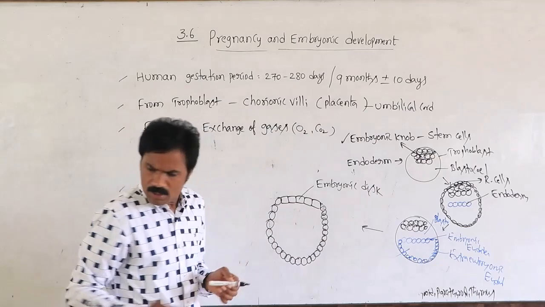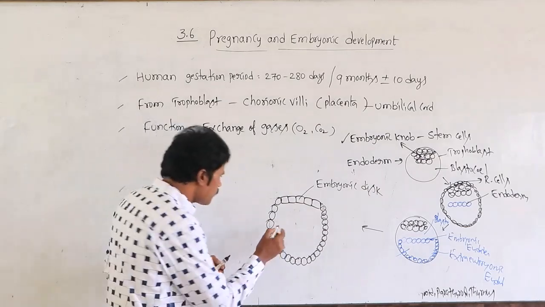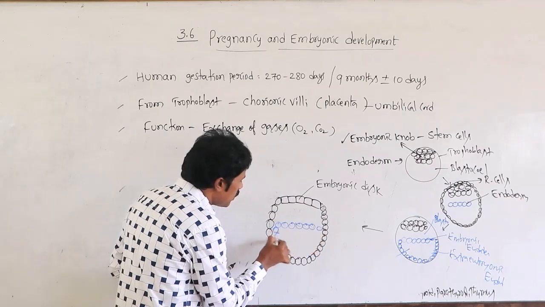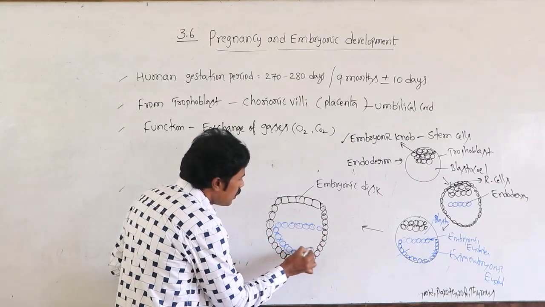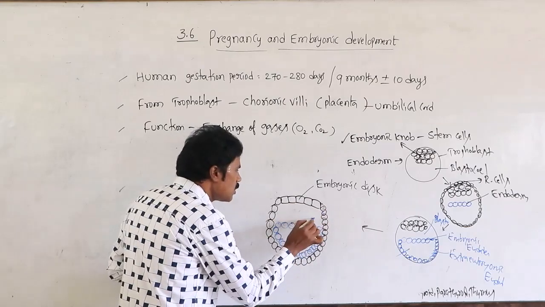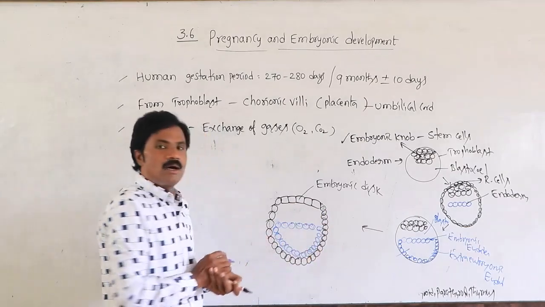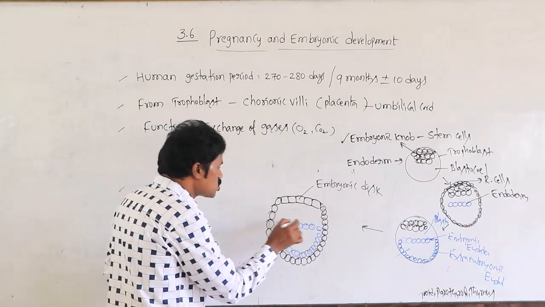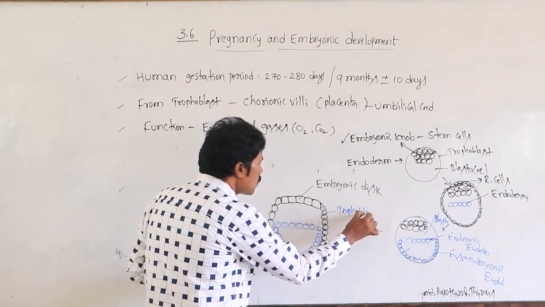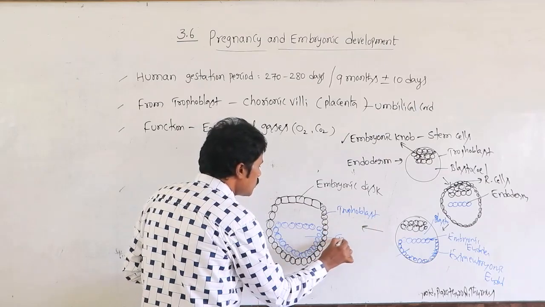Here the endoderm is already present as usual. This is the blastocele, this is the gastrocele. One is the blastocele, another is the gastrocele. This is the trophoblast.